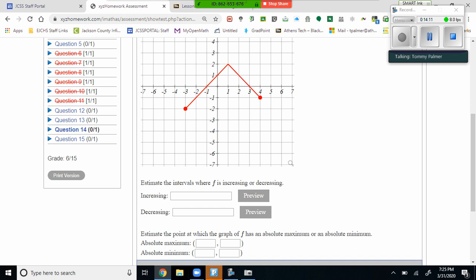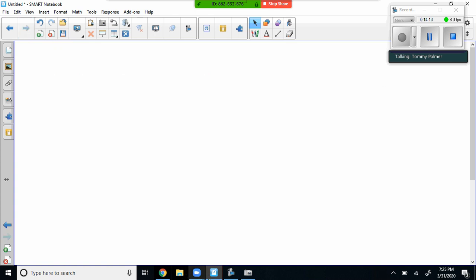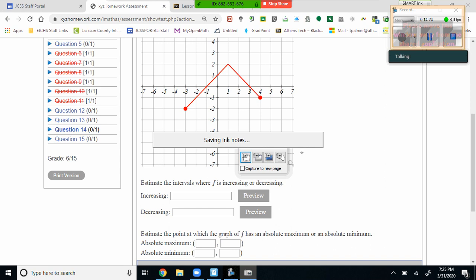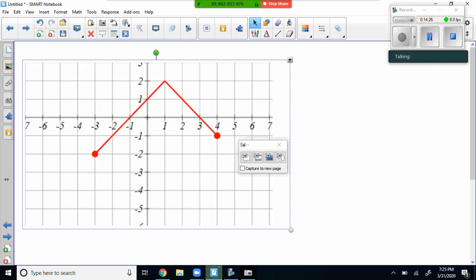So hold up, let me show you what this one looks like. This is number 14. See how they got endpoints? They should use the brackets. It's included. Brackets means it's included.